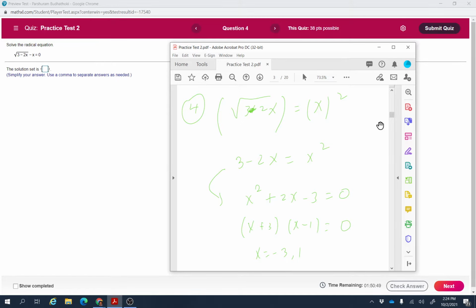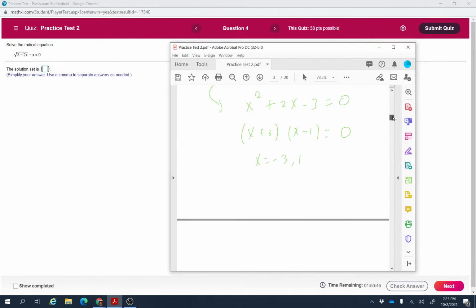They are not yet solutions for the given equation. You have to now check whether they are the right solution or not by plugging the value back in the equation. So you need to do the checking. If I plug -3 in the given equation, that will be 3 minus 2 times -3 equals 0.